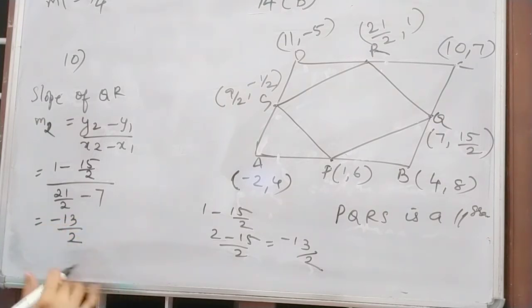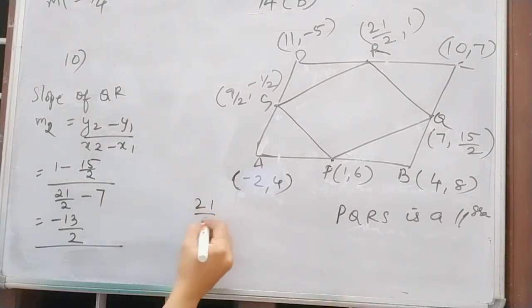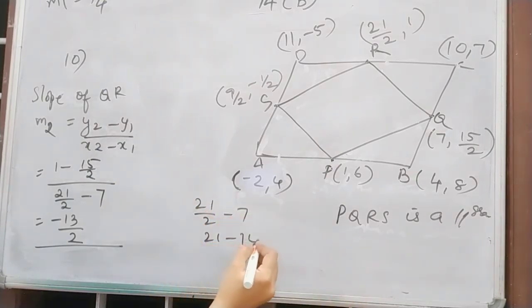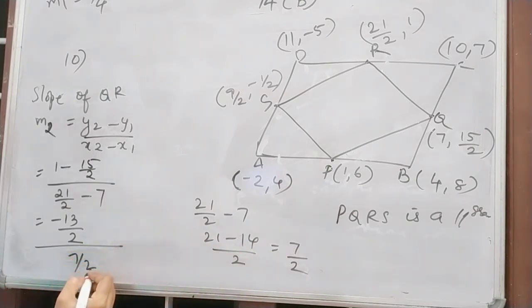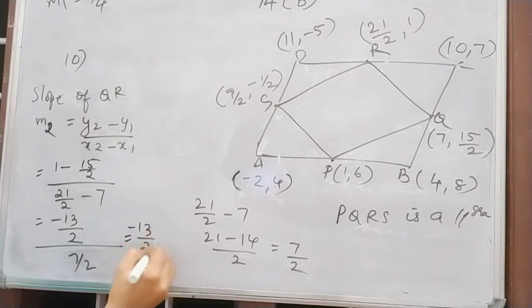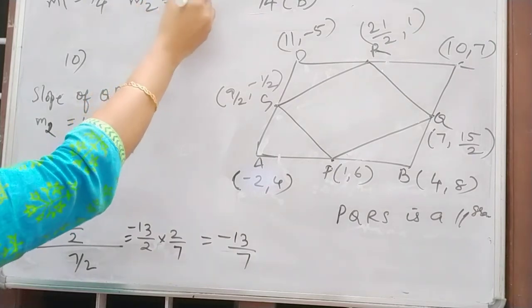Then the denominator is 21 by 2 minus 7, that is 21 minus 7 twos are 14, divided by 2, which is 7 by 2. If you take the reciprocal, negative 13 by 2 into 2 by 7, the 2s cancel. We get m2 as negative 13 by 7.